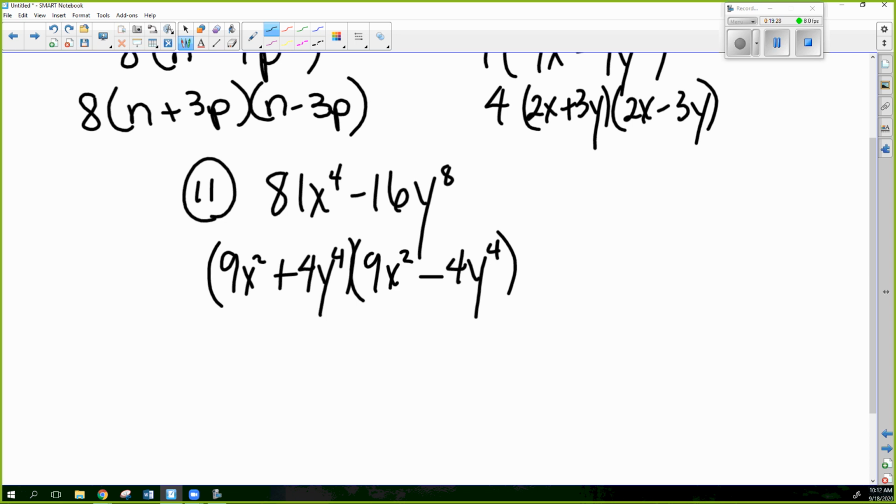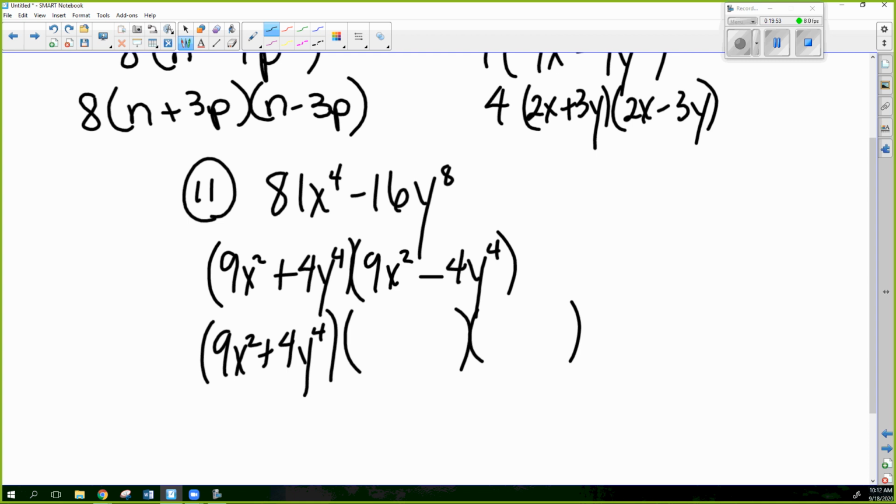So the first one has a bunch of squares, but it's not subtraction. So that one stays the same. But the second one has more squares, and it is subtraction. So we have to keep going and break that one down again.